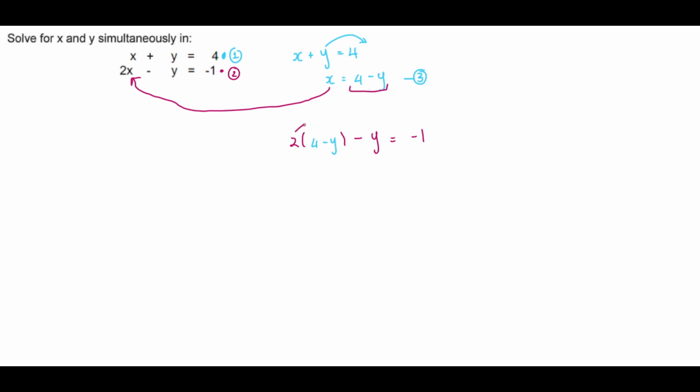So let's first try and get rid of these brackets. So 2 times 4 is 8. And then 2 times -y, that will give us -2y minus y equals 1. So now let's just go ahead and solve for y.